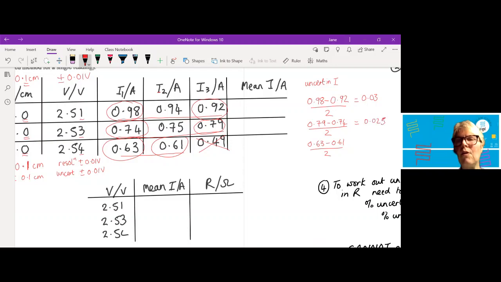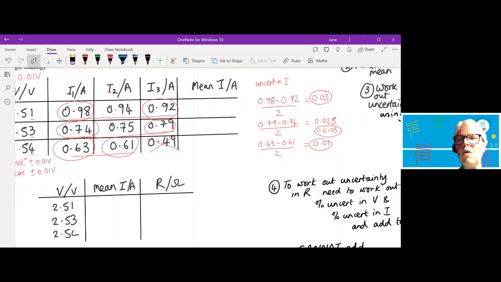So actually I'm going to round that to one significant figure, because it doesn't start with a 1, so 0.03. And then the last one is 0.02 divided by 2 equals 0.01. So I'm going to round what we are going to quote as our uncertainty in I.